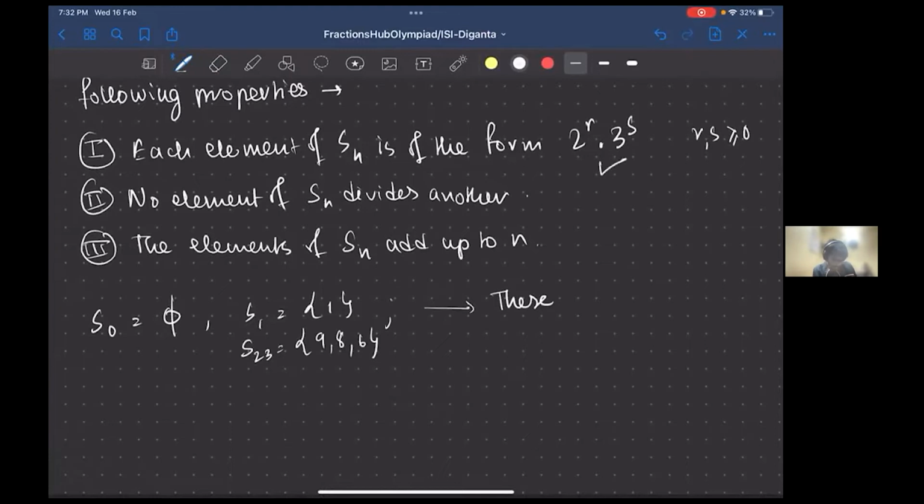Each element is of this form. No element of Sn divides another. The elements of Sn add up to n. These properties hold here.